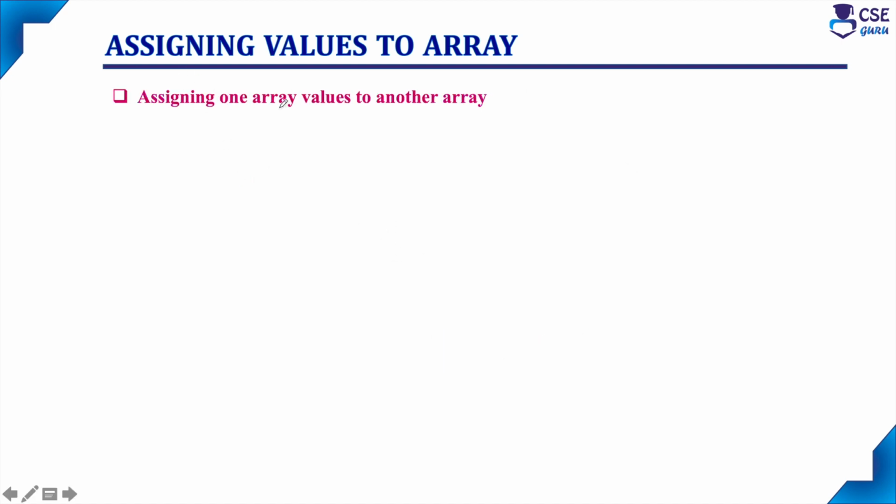Next, with the help of assigning values to array, we can assign one array value to another array. It is possible. Suppose I have declared the array like this, int A of 5, and I have assigned the values: A of 0th location 15, A of first location 20, A of second location 30, A of third location 12.